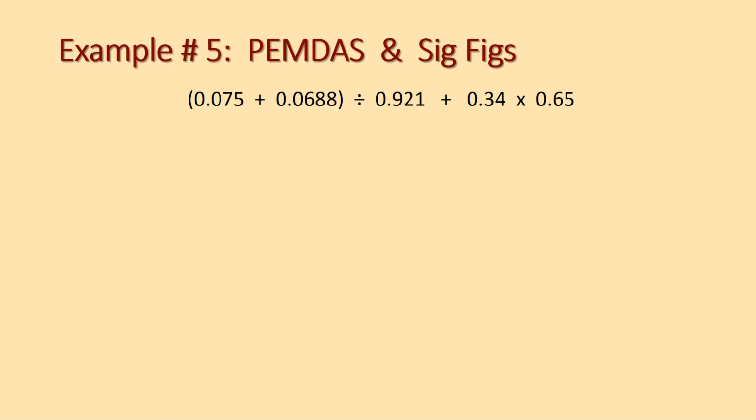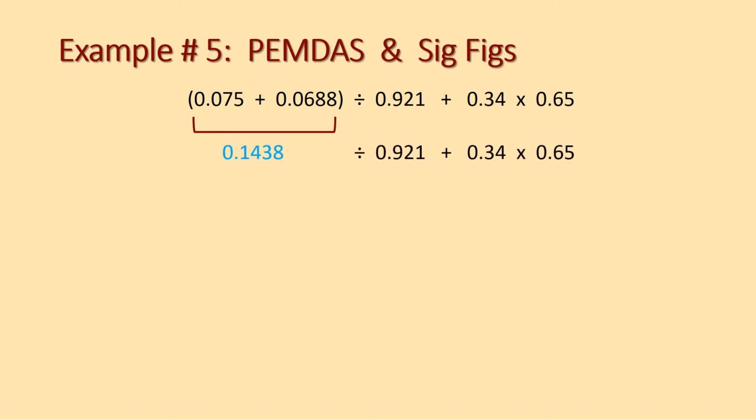For example 5, we're going to be tracking the intermediate solutions from several steps. And this will clearly demonstrate why you need to be solid with your significant figure skills. Now, following PEMDAS, we're going to take care of whatever is in those parentheses first. So we're going to add 0.075 and 0.0688, and we're going to get 0.1438.